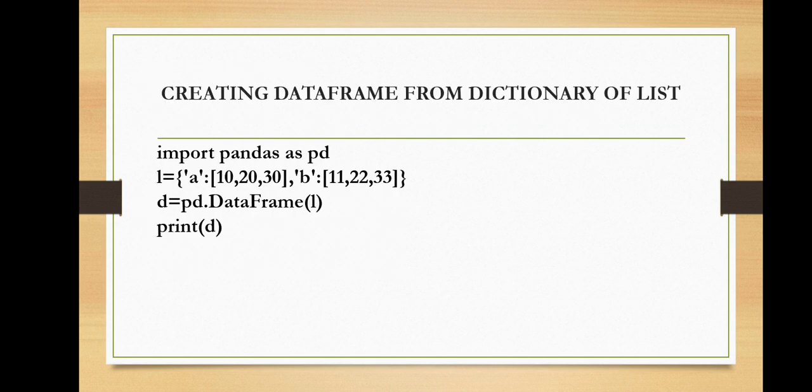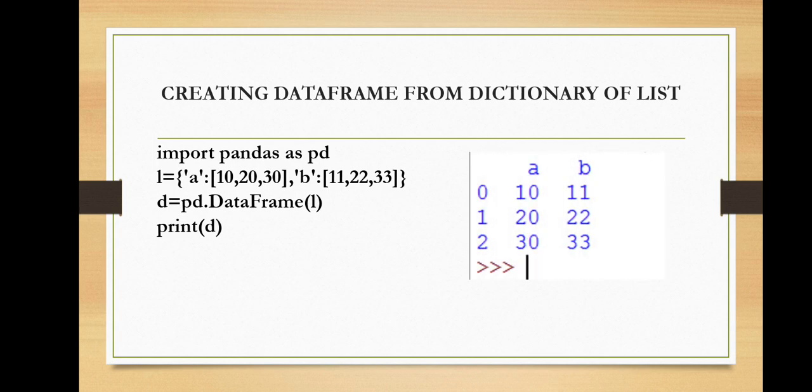Now we are creating a data frame from a dictionary of lists. So here I have taken a dictionary L, and in this dictionary this is a key and its value is a list. Again this is a key and the value is a list. So when I create a data frame using such a dictionary of lists, what is happening?